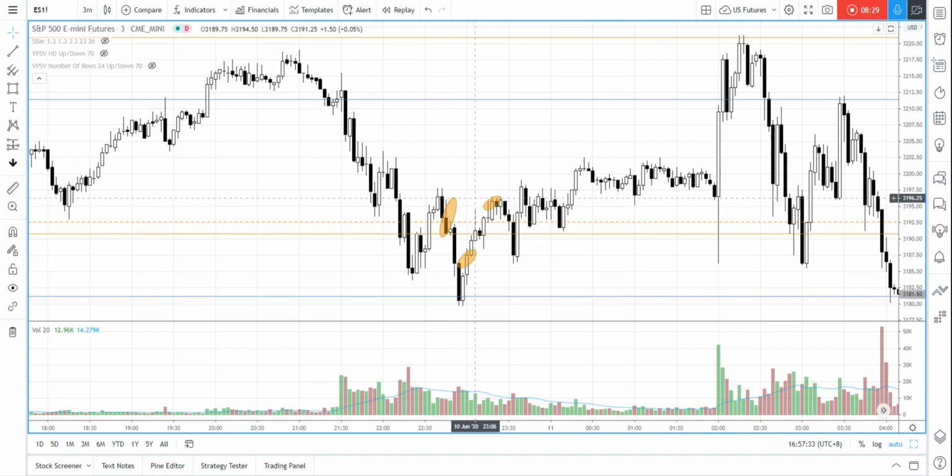So I just had a limit exit at this level at around 3196. So this is the trade from here to there. In terms of reward to risk, it is slightly more than 1, I think about 1 or 1.1. So that's it for the trade review.